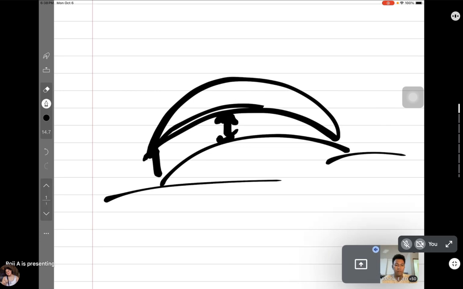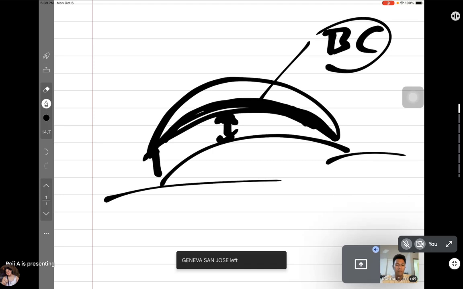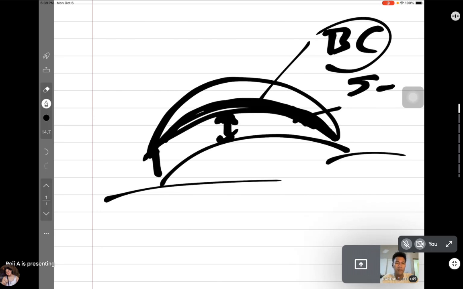Now, if it's steep, the first thing you can think of is the base curve. Change the base curve. From steep, just make it flatter.